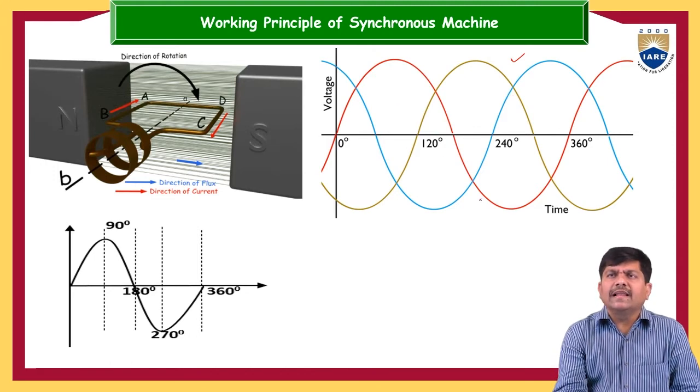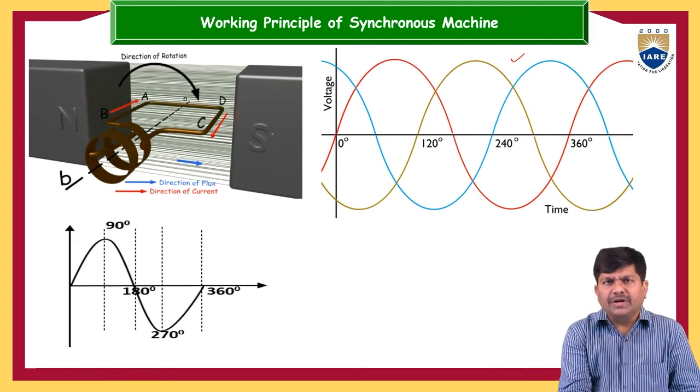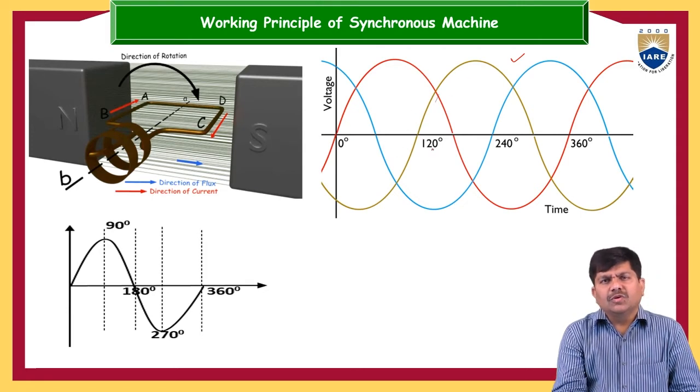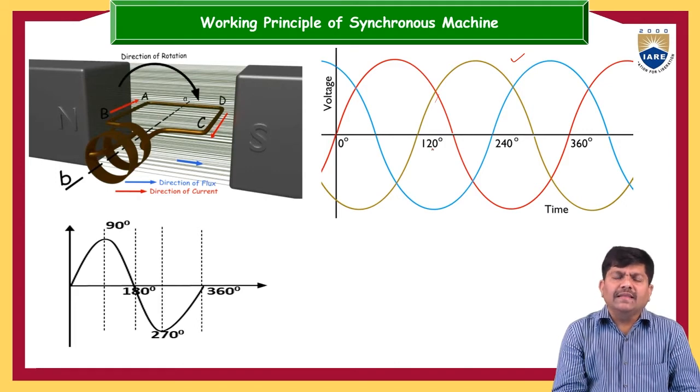The red one starts at 0 degrees, and the blue line is the leading voltage. Extending it, it touches the reference axis 120 degrees behind this 0, and the yellow one is the 120 degrees lagging. If you maintain the space distribution of the armature windings at 120 degrees, you can easily produce three-phase alternating voltage.